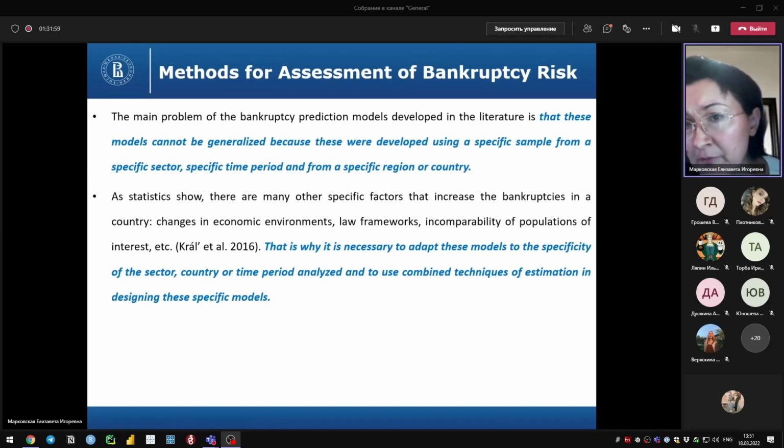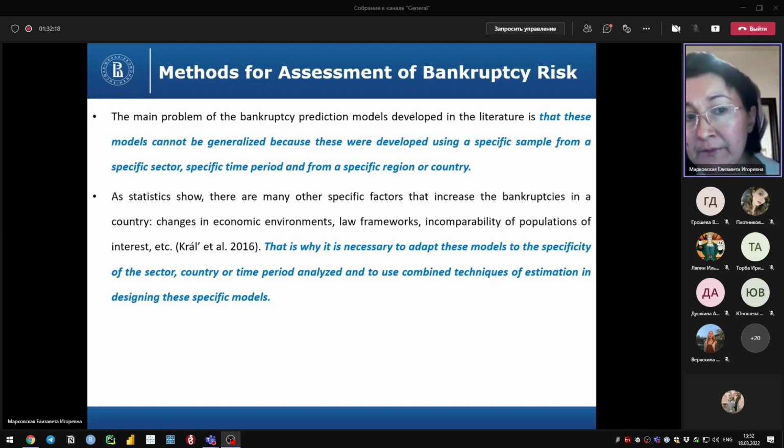And when we are talking about the bankruptcy risk models, in literature, there are a lot of discussive topics. And in these topics, experts have mentioned the following problem.